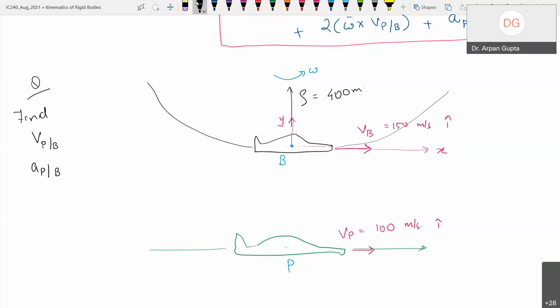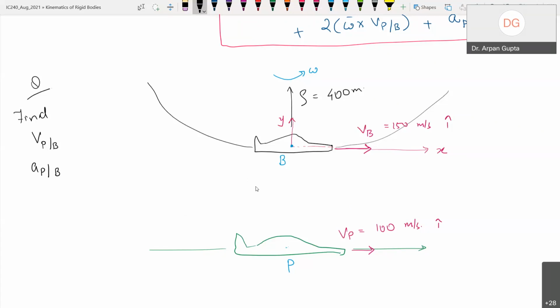If we did not have all this knowledge and understanding, by your basic JEE mechanics, the answer would be that plane P is moving in the minus x direction with a velocity of 50 meters per second. That would have been the ordinary answer, because at this instant this is moving with 150 and this is moving with 100. So obviously the relative velocity is 50 in the minus x direction.